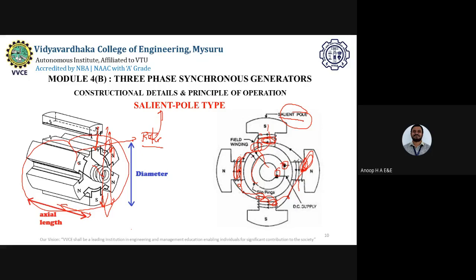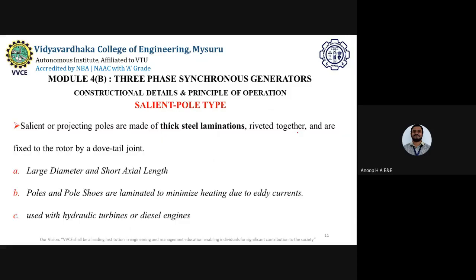That's the reason why we generally call this a salient pole type, where the poles are extended. All right, so DC supply is given to it, the field windings get energized, and the flux produced by the field windings will link the stator windings and give a three-phase output.